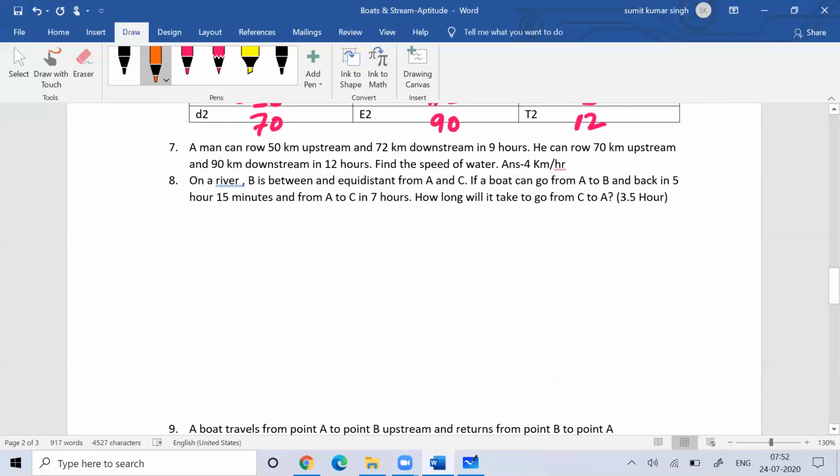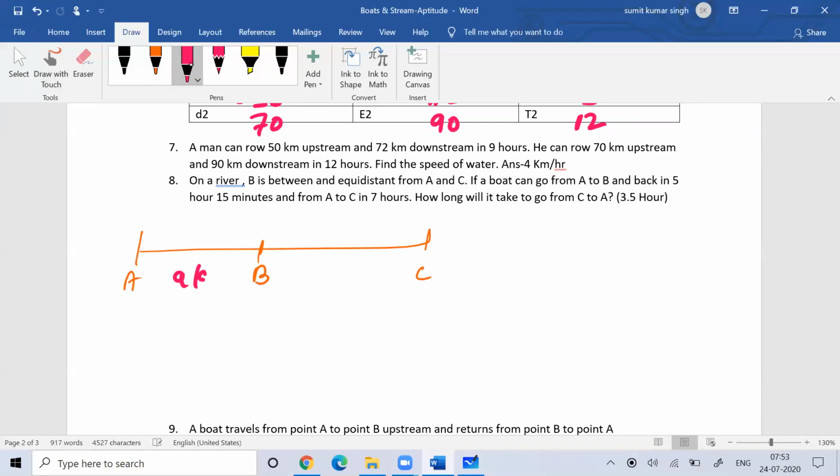Okay, now see the question number 8. Read the question, everyone. On a river, B is between A and C. So this distance is A kilometer.